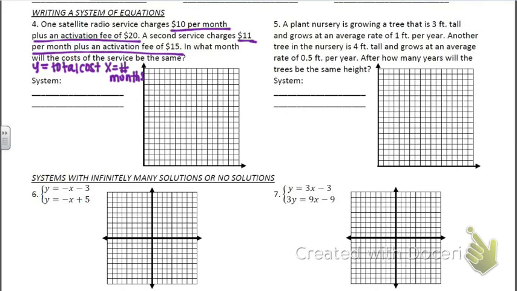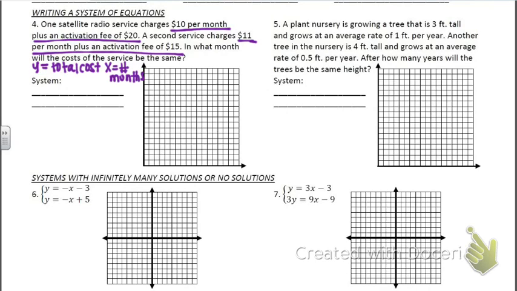Are we going to use the same X and Y for both equations? Yep, the same variables. Because it's a system, X stands for the number of months for both equations. Y stands for the total cost for both equations. So the variables and what they represent do not change for different equations in a system.